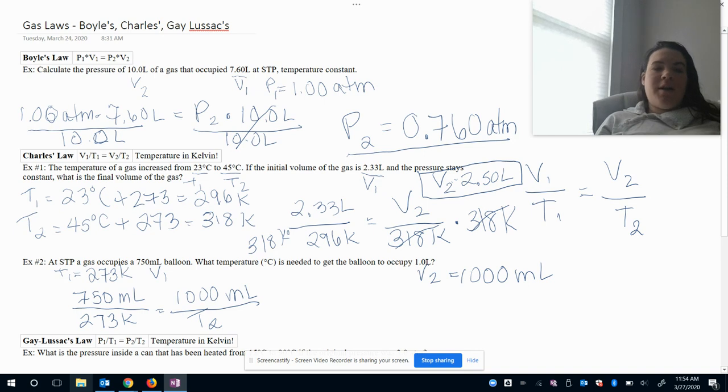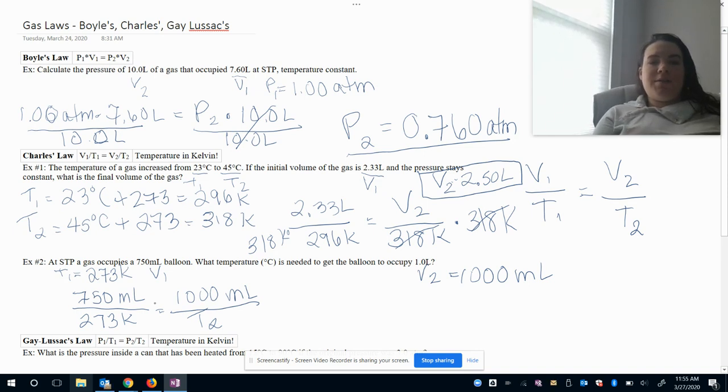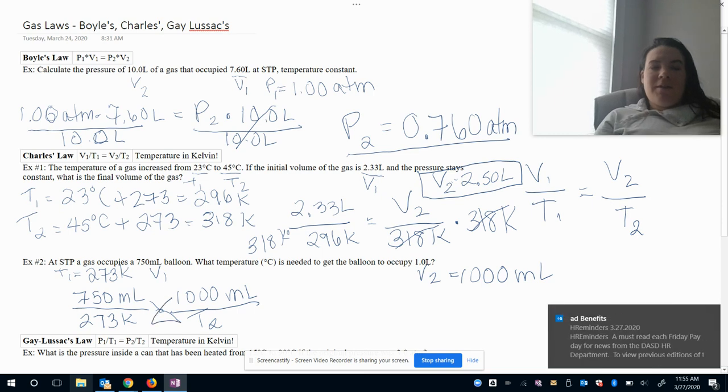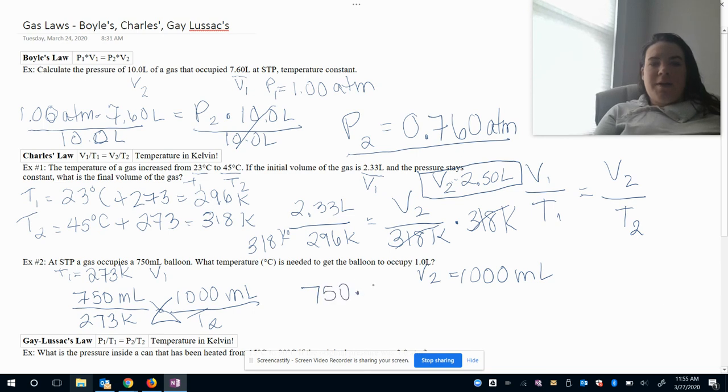So for this one, you're going to have to get this back on the numerator. So you can use that method, cross multiplication. So we got 750, I'm going to lose my units here, times T2 equals 1,000 times 273. And then we divide by 750.